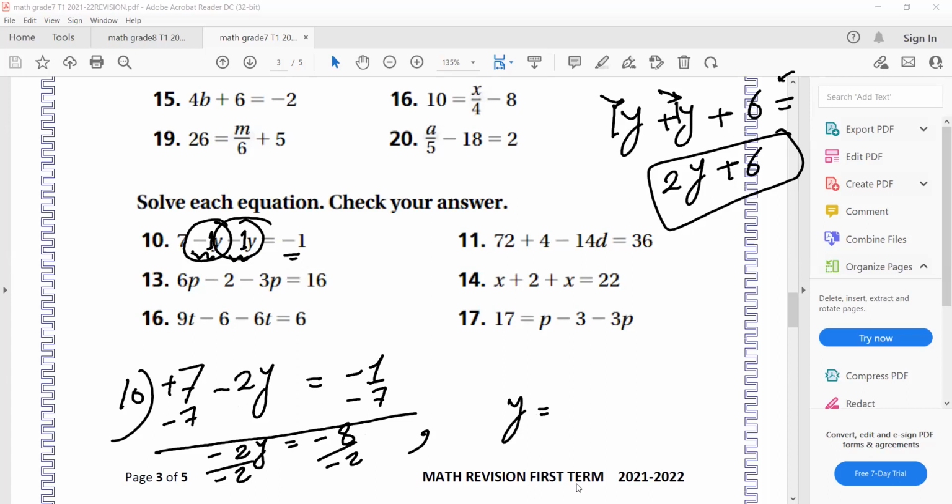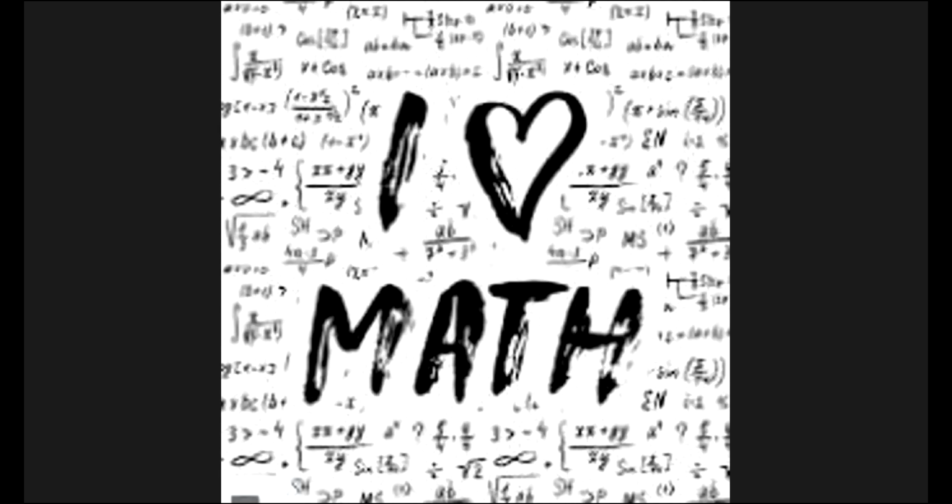Negative 8 divided by negative 2 equals what? Positive. Positive 4. It will be positive 4.